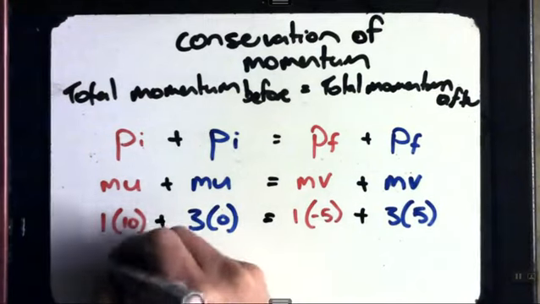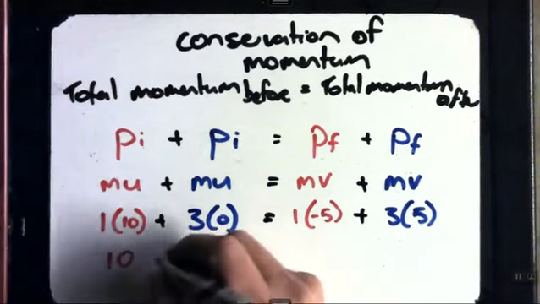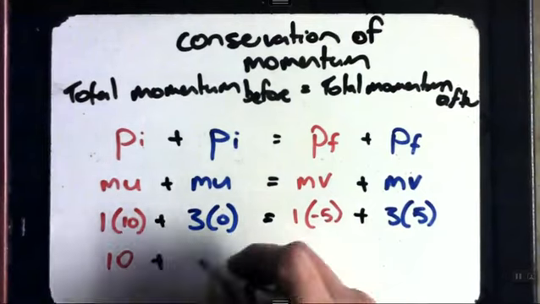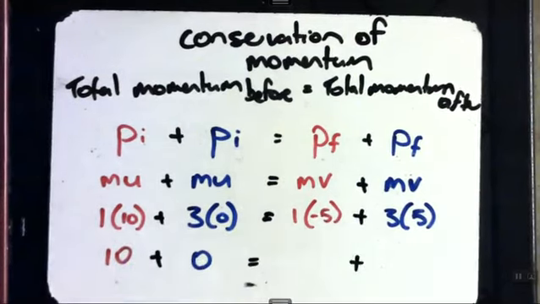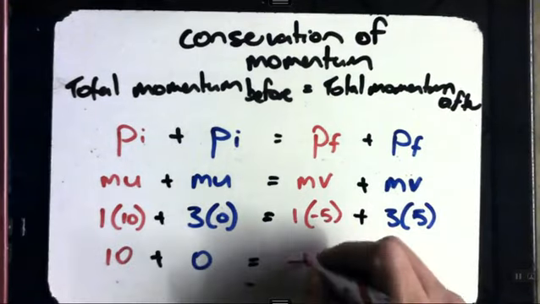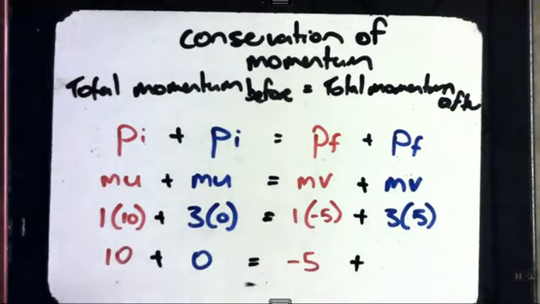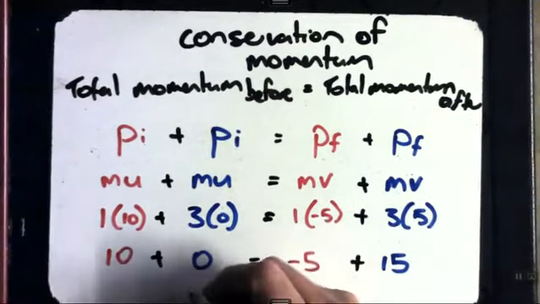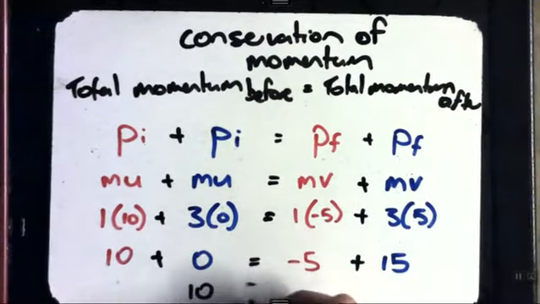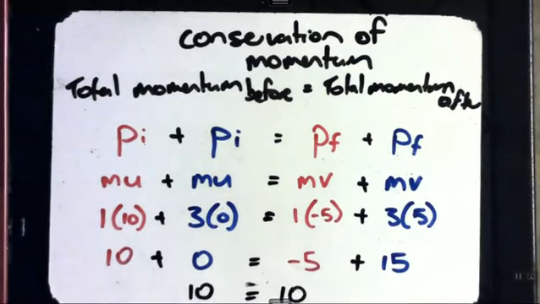So here we get 10 plus 0 is equal to negative 5 plus 15. And we end up seeing that 10 is equal to 10.